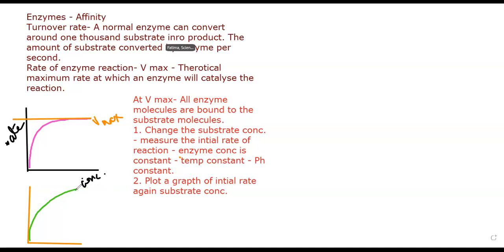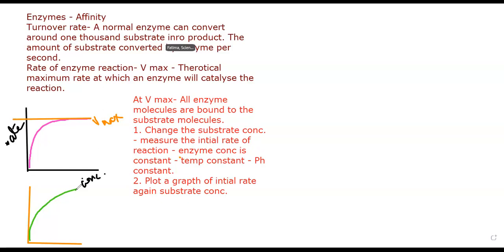In mathematics, you don't have to remember this, but just letting you know, a graph like this is known as an asymptotic curve, right? We have a mathematical term for it. One of the properties of such a curve is that it never actually flattens out.